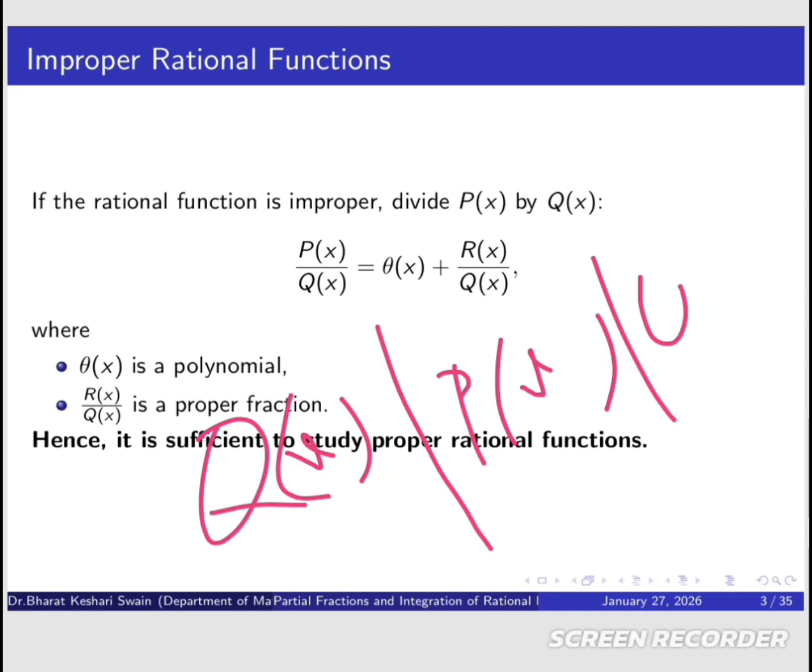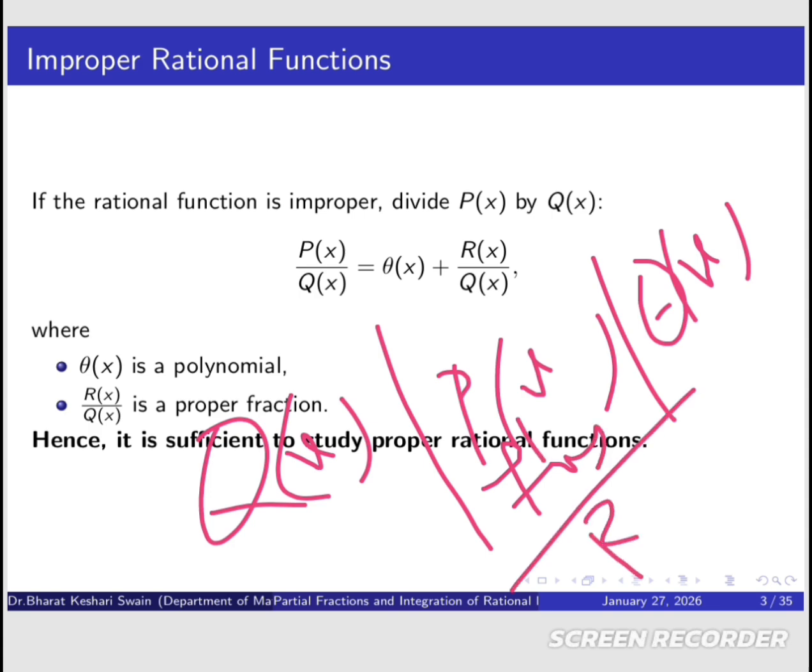Let it be theta of x. If I multiply q of x with theta of x, suppose it is another function f of x, and the remainder is r of x.